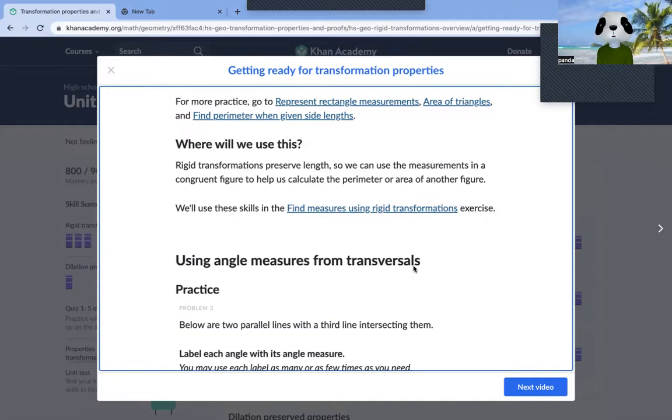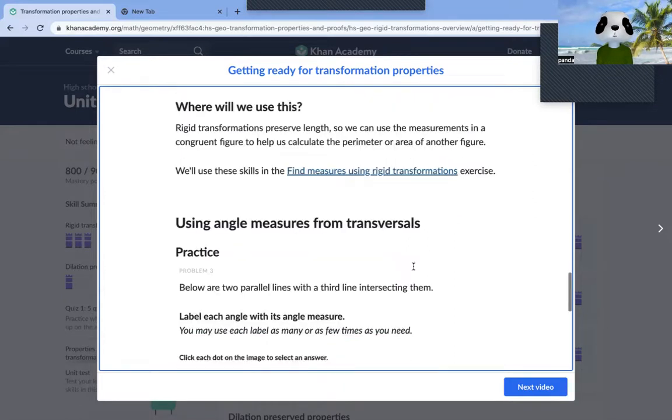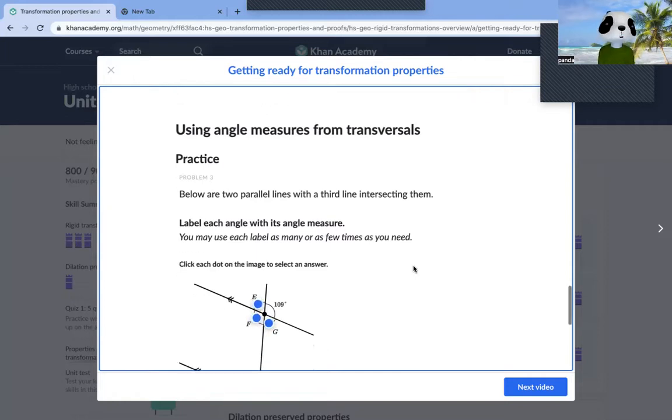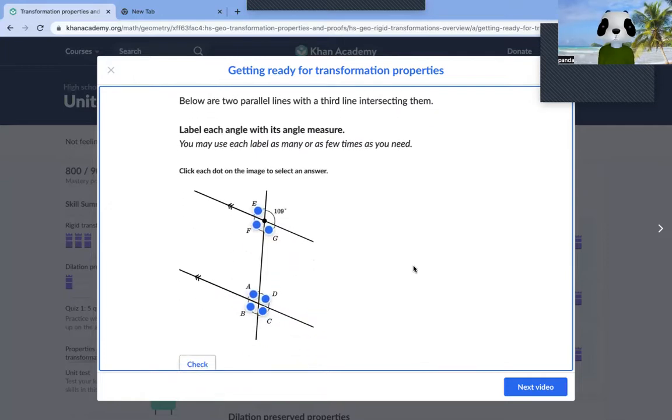Using angle measures for transversals practice. Below are two parallel lines with a transversal line intersecting them. Label each angle with its angle measure. You may use each label as many or as few times as needed.